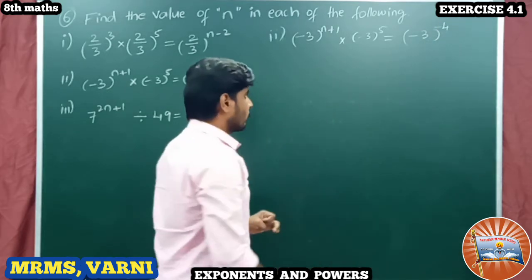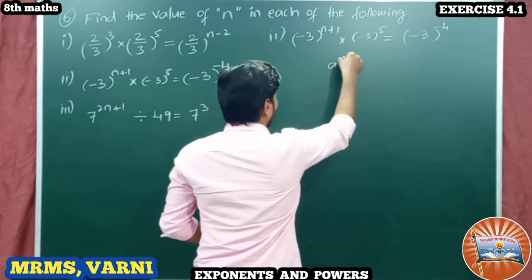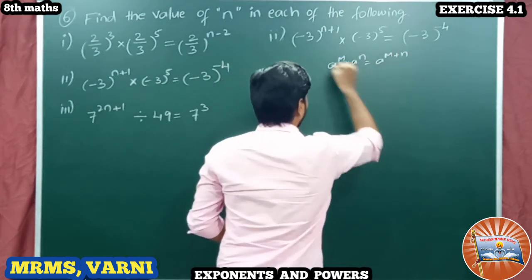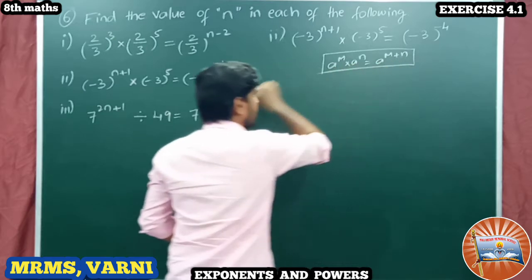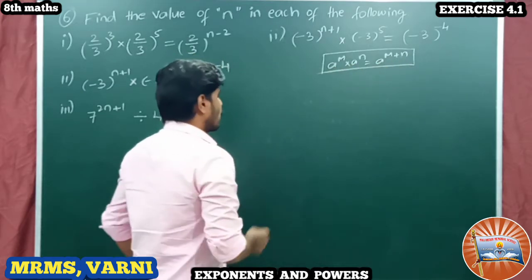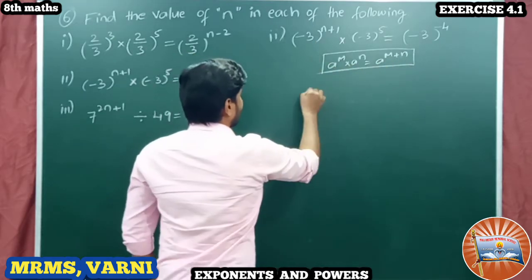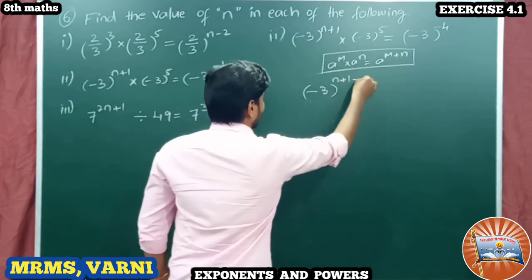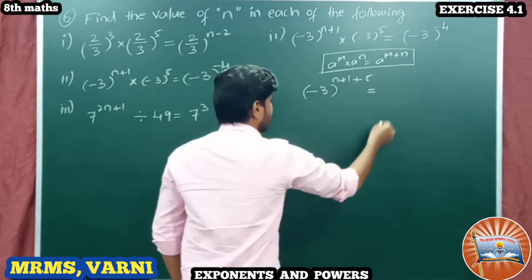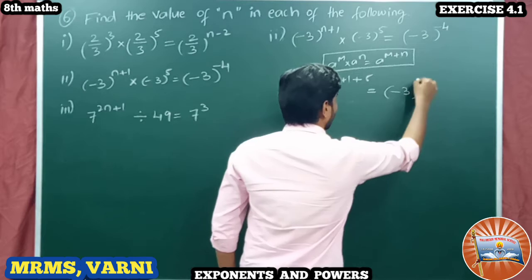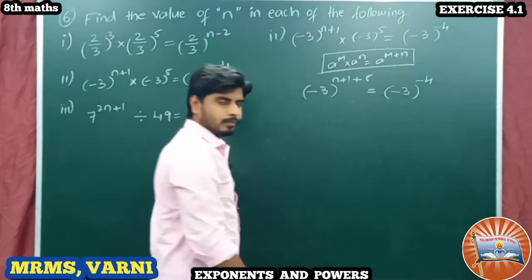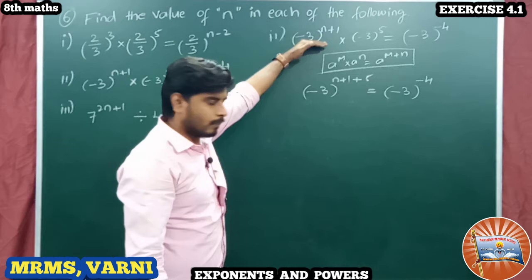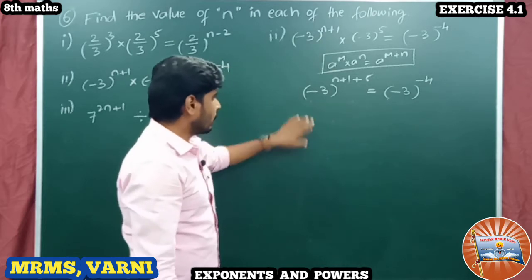Okay. So apply the same formula here. a^m × a^n = a^(m+n) is the formula. So apply this formula here. It becomes (−3)^(n+1+5) = (−3)^(−4). So I am applying this formula for the LHS side. Okay, right.